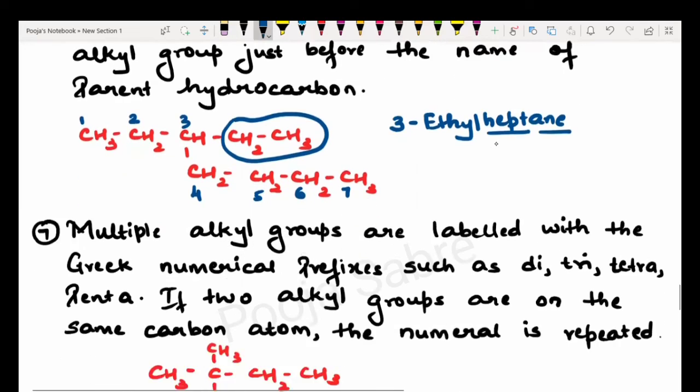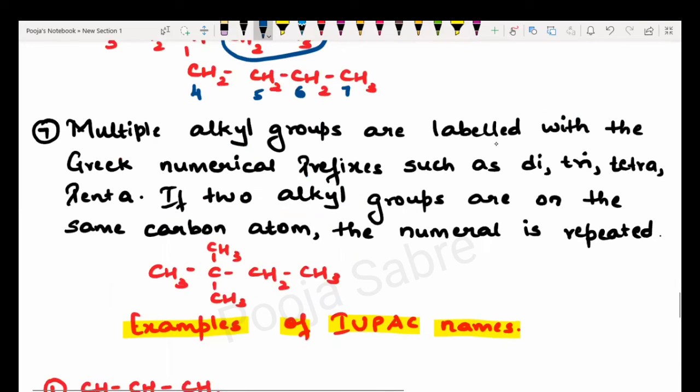Clear? Let us proceed with the next rule, seventh rule, which says that multiple alkyl groups are labeled with Greek numerical prefixes such as di for 2, tri for 3, tetra for 4, penta for 5.